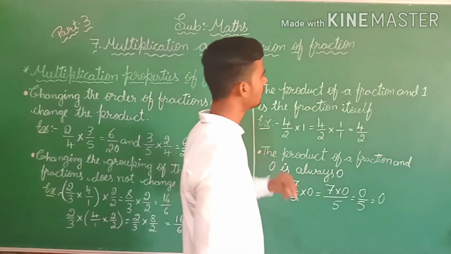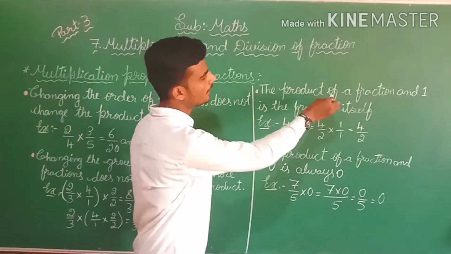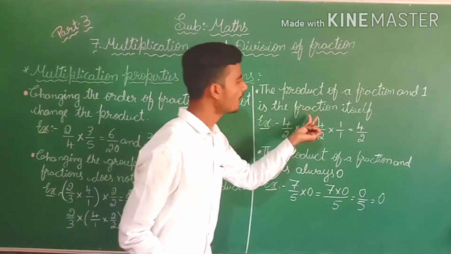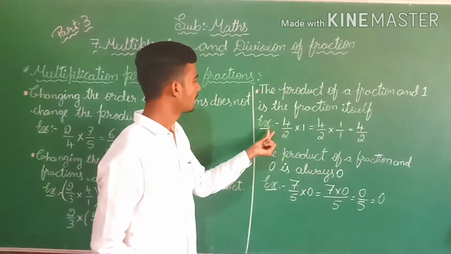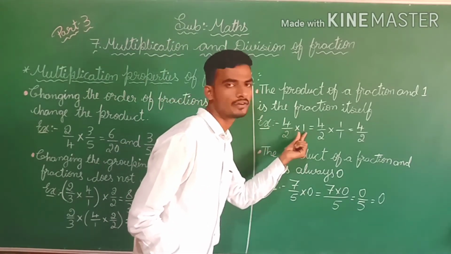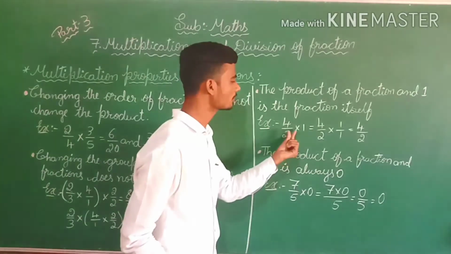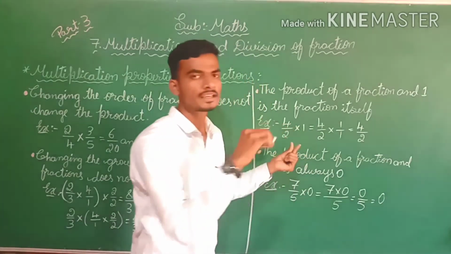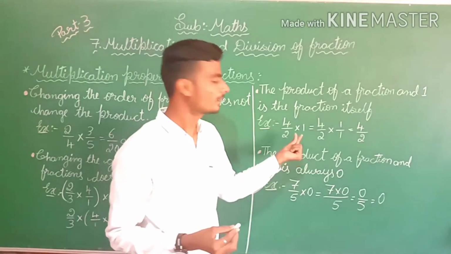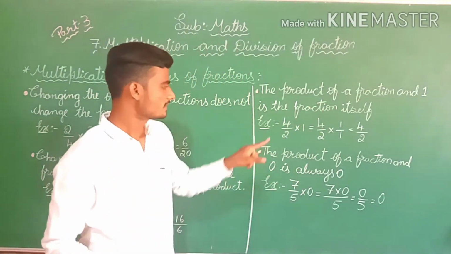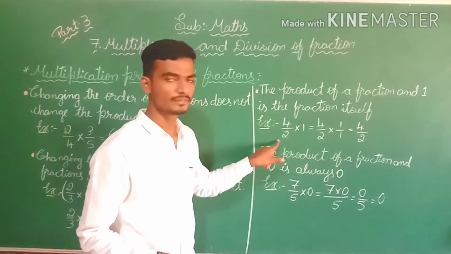Then the third property says, the product of a fraction and 1 is the fraction itself. See here, the example I have taken is 4 by 2 into 1. If any fraction is multiplied with the number 1, you will get the fraction itself. This is a fraction we have taken.